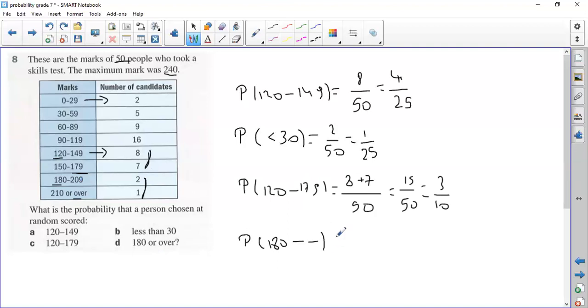It will be 2 plus 1 over 50, which is 3 over 50. So in this way, we can find the probabilities of experiments that we can perform.